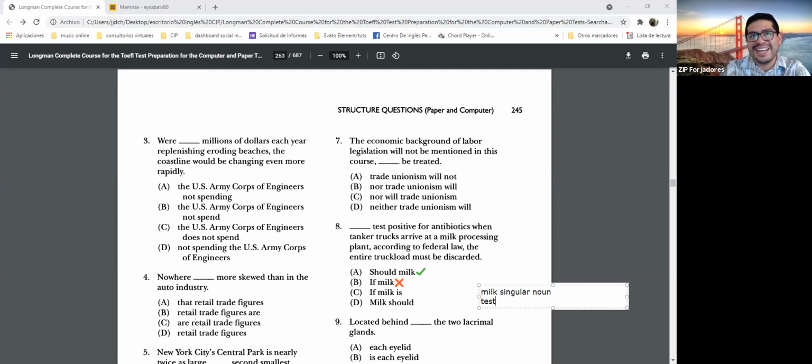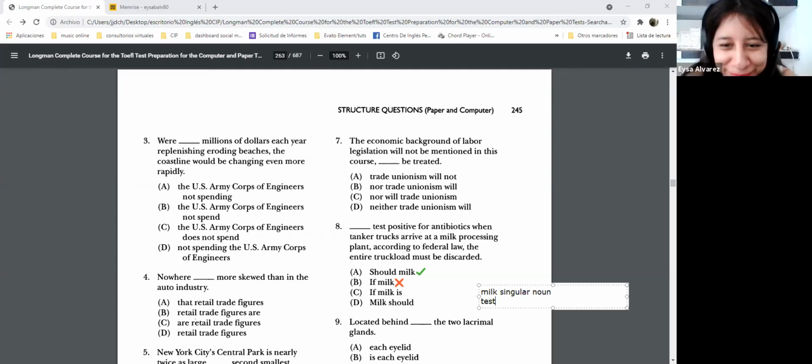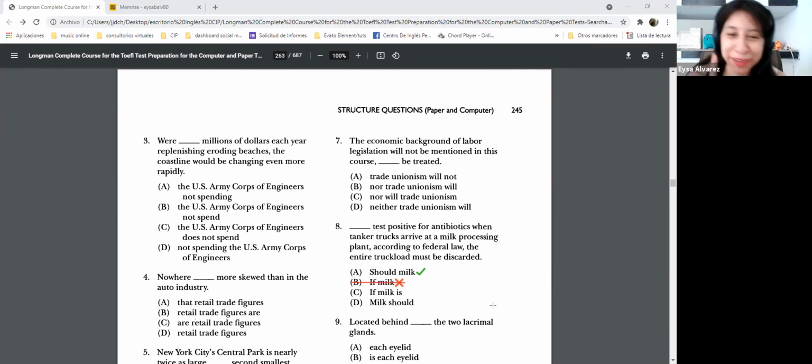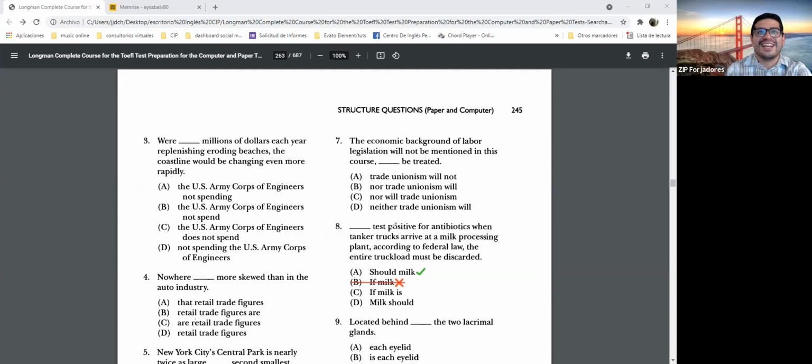So you don't need the S. Do you understand? Yes. All right. Should milk test positive? So it cannot be letter B. But letter B could be correct if I have the word "tests" with the S. Exactly. If you have "tests" in the example, it could be letter B. Great. Great to know that.